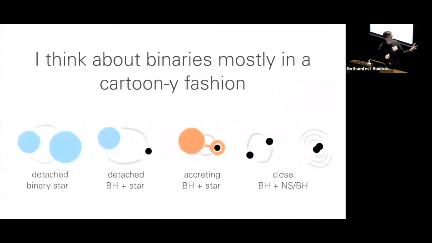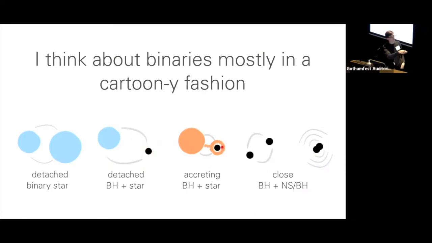In general, my research identity is thinking about binary stars in a relatively cartoony fashion. And what I mean by that is I don't solve stellar structure equations in real time. Instead, I try to think of all of the ways that binary star interactions can shape binary systems at each of these different types of phases that we can observe. So if you start out as a detached binary star, eventually a massive star will turn into a black hole.